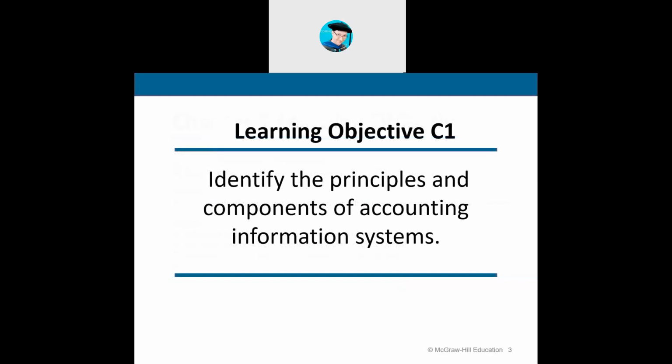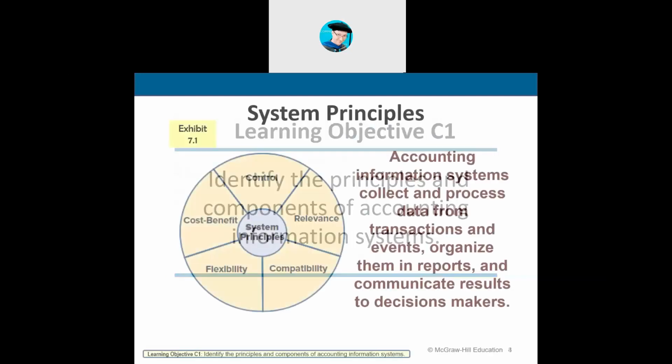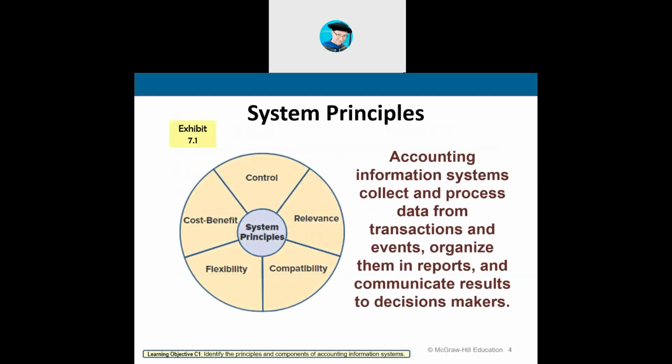So the first thing we'll do is talk about the system. The accounting information system is where we house all of this information. It's a system and a process by which we collect and process information, things like transactions and events.